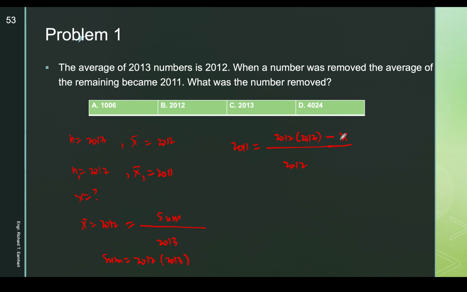You remove one number, let it be x, from the sum, and therefore your x will be 2012 times 2013 minus 2011 times 2012. And that gives you 4024. Okay, so the answer is 4024.